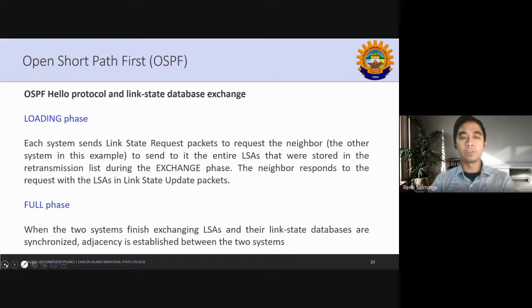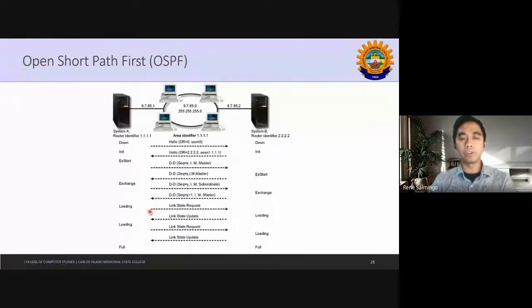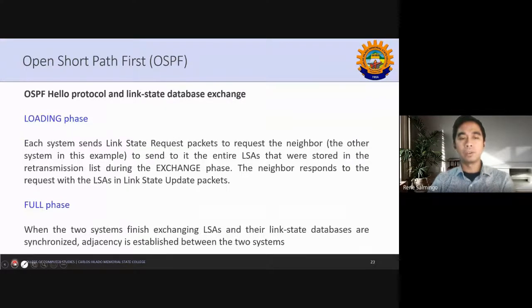So for your loading phase, we go now to the third phase. Each system sends link state request packets to request the neighbor, or other system in this example, to send the entire LSAs that were stored in the retransmission list during the exchange phase.